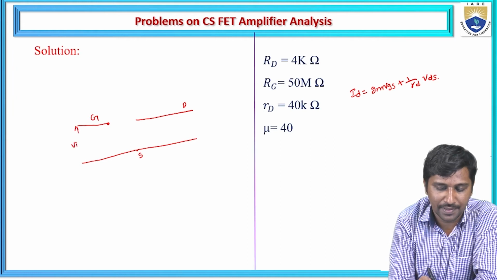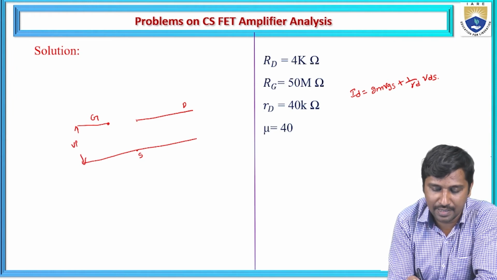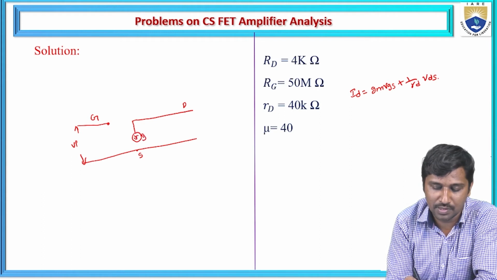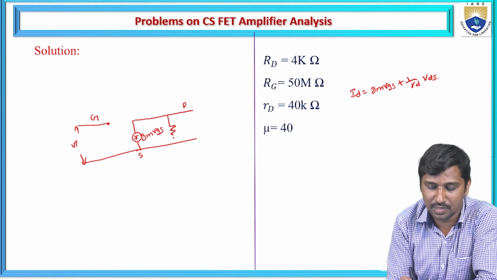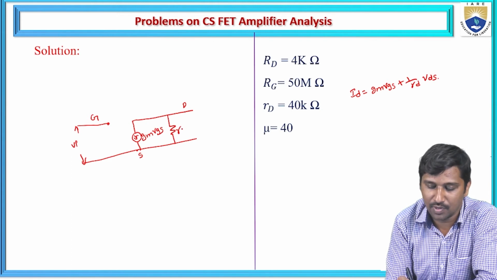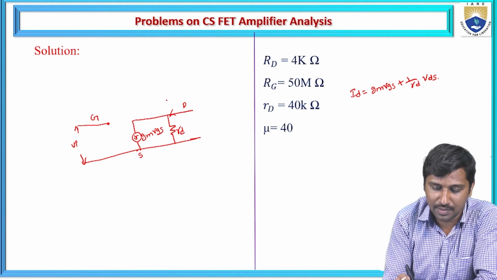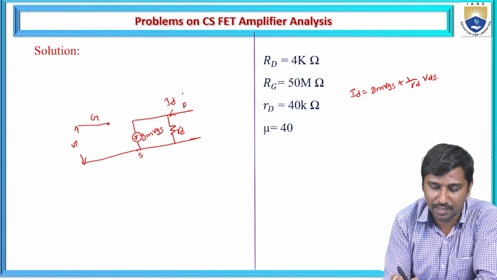Now we are going to apply the input, and based on the drain current expression, we have the two current sources. One current source is represented as gm into vgs, and the other is represented as small rd, then it is represented as drain current id.